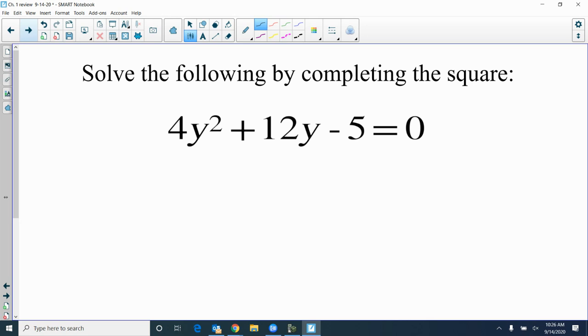Move it over to the other side. So I get 4y squared plus 12y equals positive 5. You cannot have a constant in front of a y squared, so to get rid of it, you divide each piece by 4.